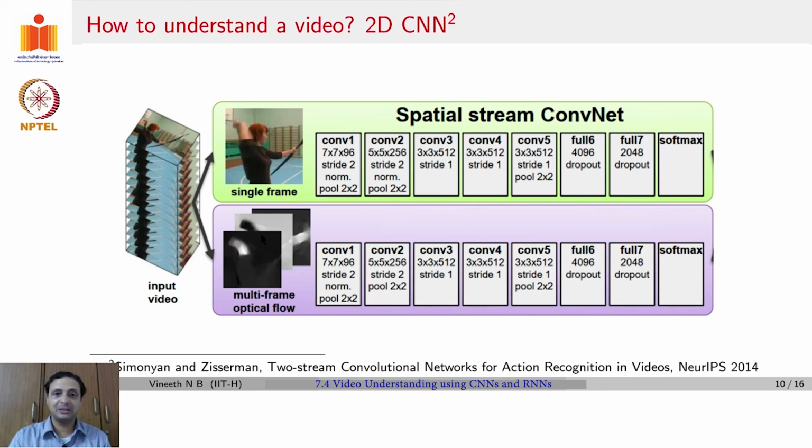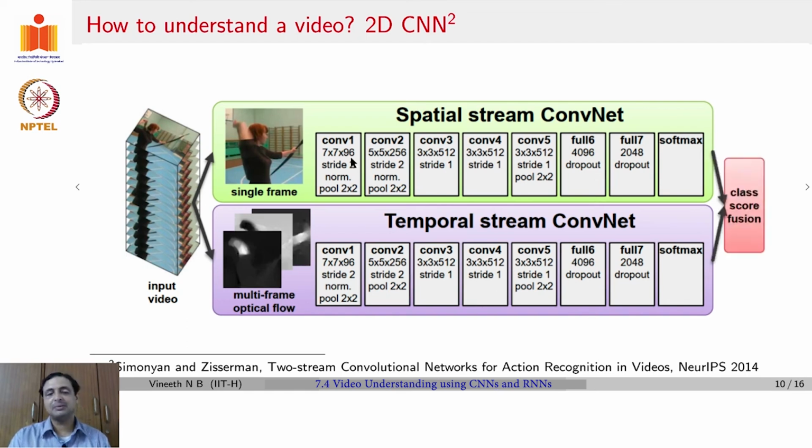Each optical flow image is a 2D image, and across time, between every successive frame, you're going to get optical flows, and you stack them all together to make a volume. And this volume can be sent through another standard 2D CNN architecture, which we will call the temporal stream convolutional network. And both of them provide their own classifications on what action this may be.